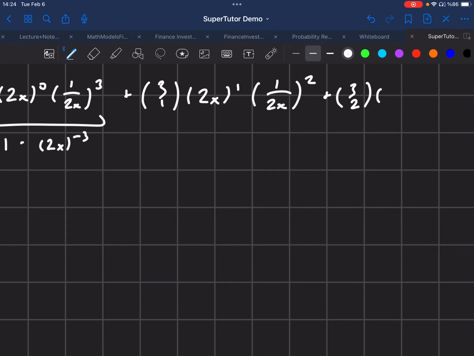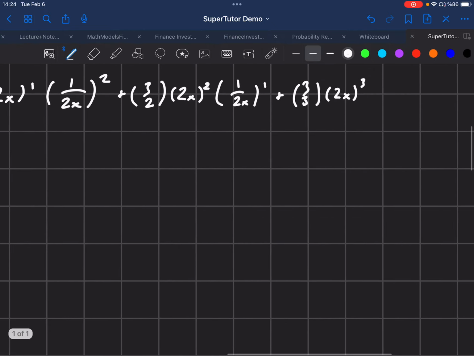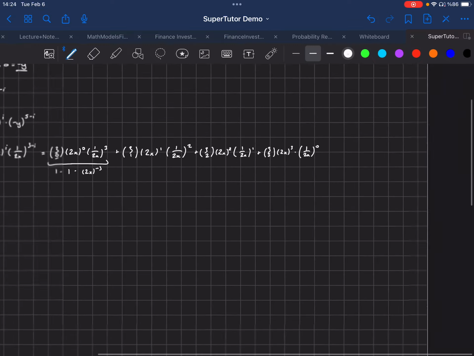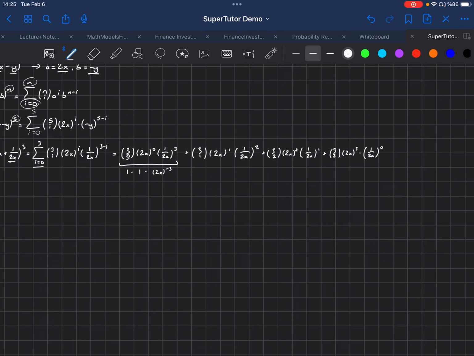Quickly writing other terms, and our final term is this. And that's a short explanation for the binomial theorem.